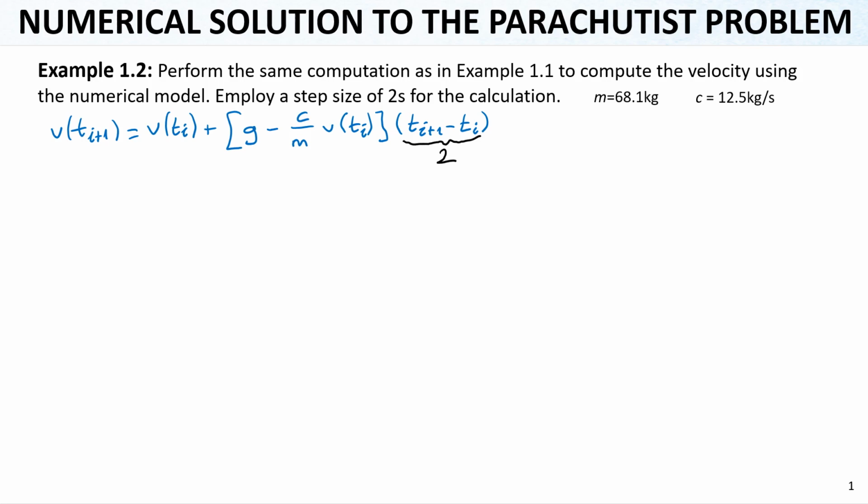Here we can write it down as t_i, not t_i, but t1 is 0. If we start with i equals 1, t1 is 0, and v1 is 0.